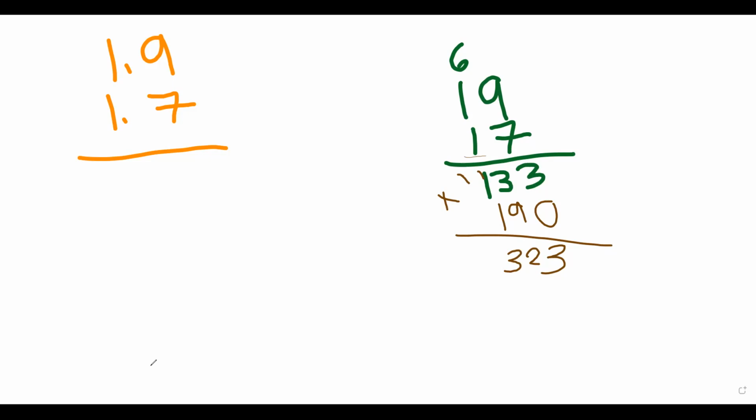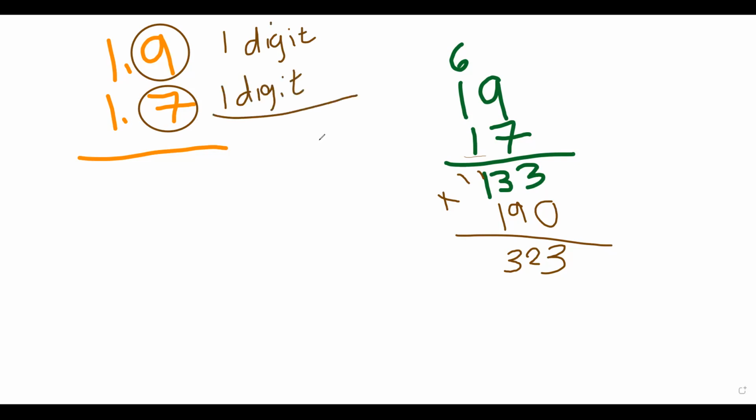So now, after you multiply them, you have to go back to the decimals. How many digits after the decimal point here? 1. And in 1.7, how many digits after the decimal point? 1. So 1 digit and 1 digit.